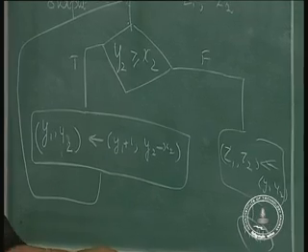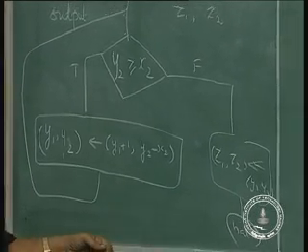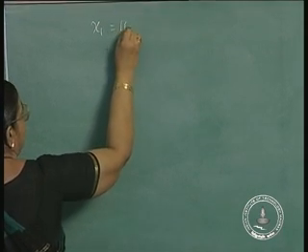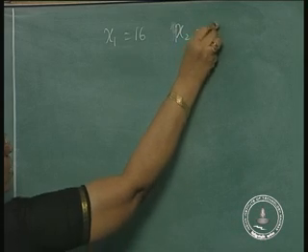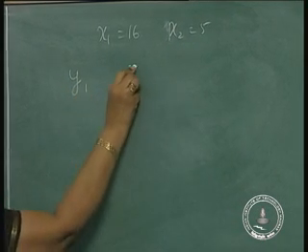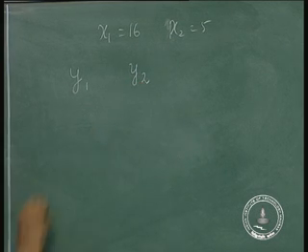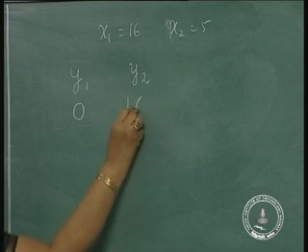Now, let us execute this program for a small number, then we will know what it is. Take the value of x1 as 16 and x2 as 5. So, what is the value of y1 and y2? The first time you reach, y1 is assigned 0, y2 is assigned the value of x1.